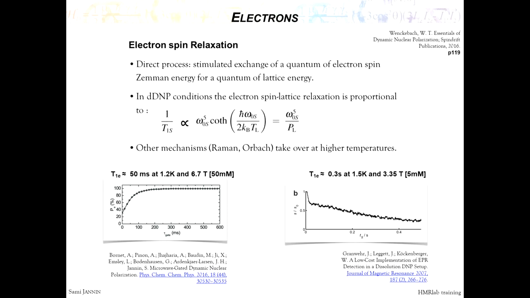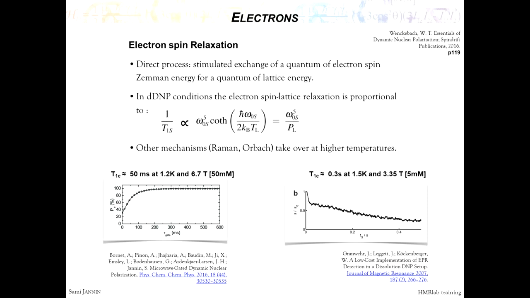The direct process is an exchange of energy between the electron and a quantum of lattice energy, which is called a phonon. So it's like vibration of the lattice of the sample, modes of vibration that give energy to the electron and make the electron relax.